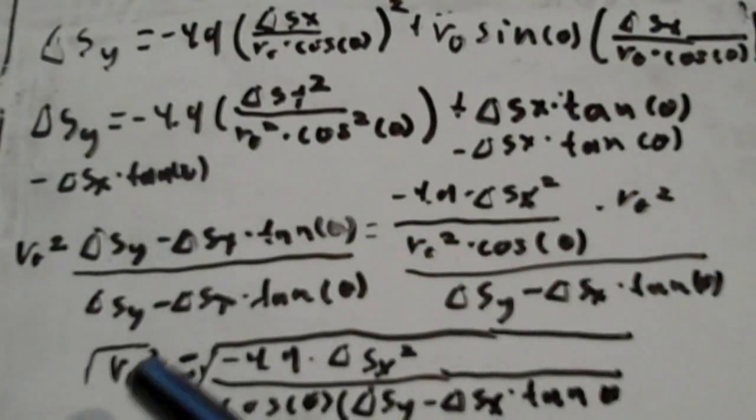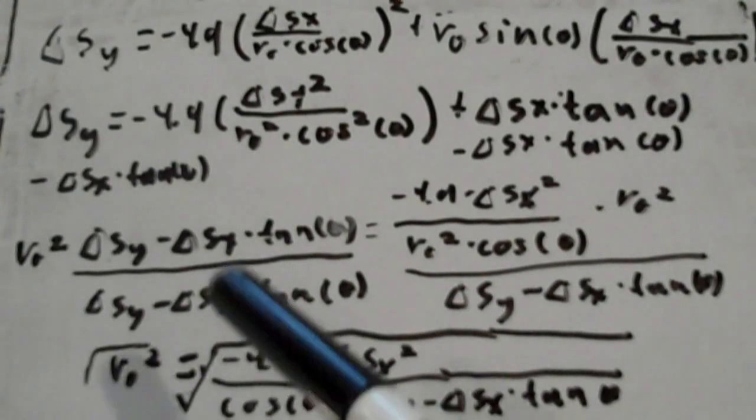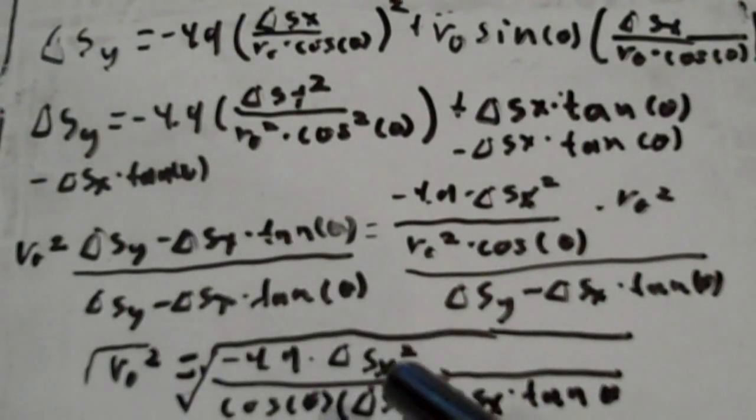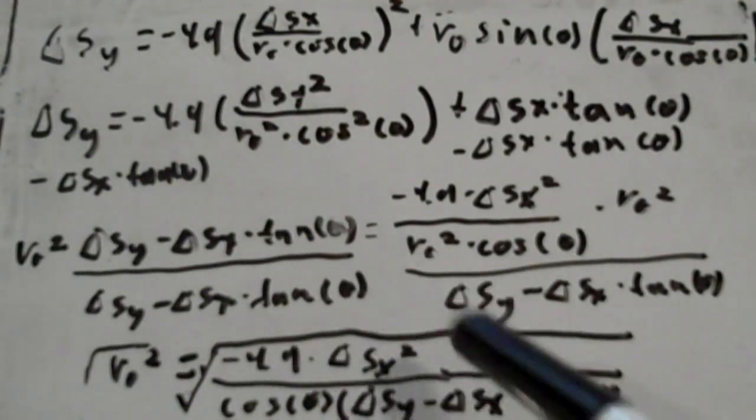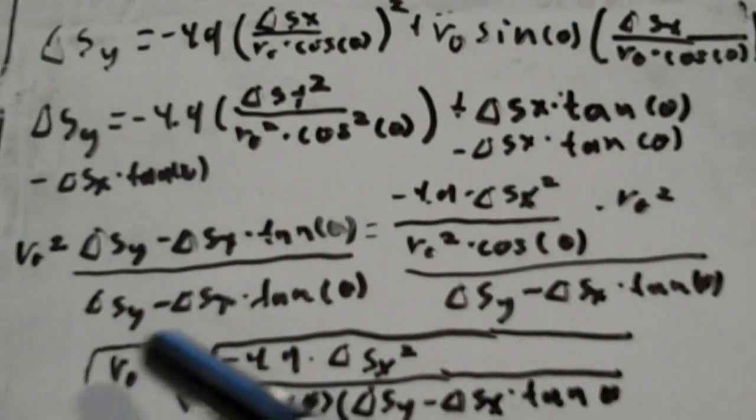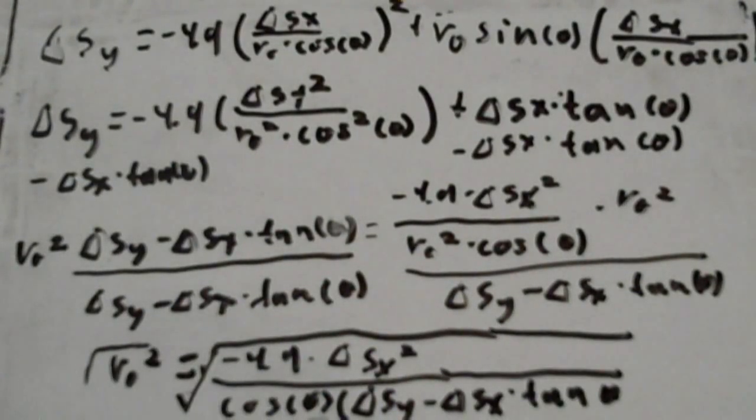So we then have the initial velocity squared equals negative 4.9 times the change in horizontal position squared, all over the cosine squared of theta times the change in vertical position minus the change in horizontal position times the tangent of theta. I then took the square root of that, and that is how we find the initial velocity if we are given the horizontal distance away, the vertical distance away, and the angle we have at our projectile launcher.